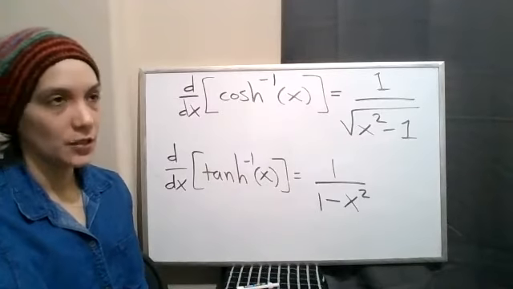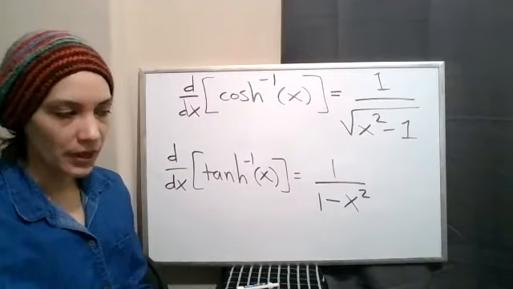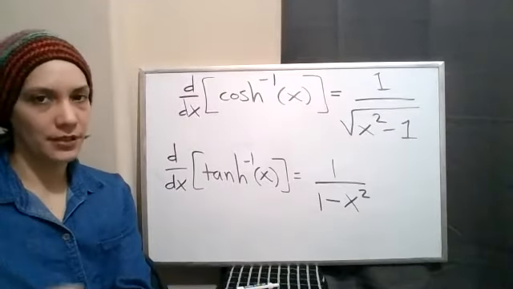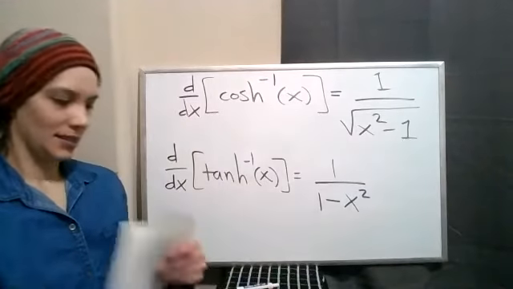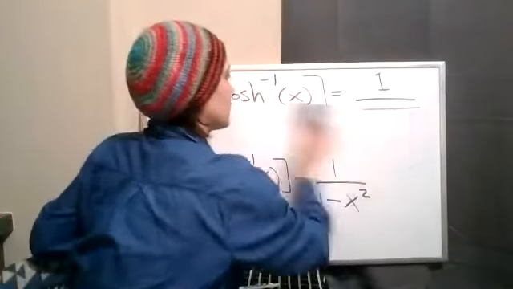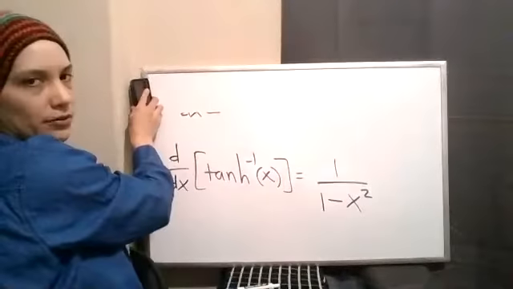Three more. So we need to do hyperbolic cosecant inverse of x and take the derivative.